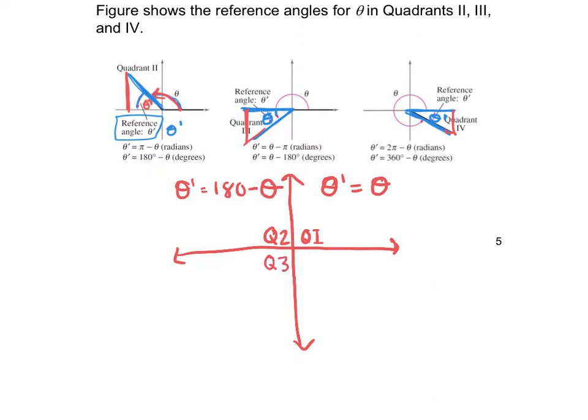In quadrant 3, we find our reference angle doing theta minus 180. And in quadrant 4, we find our reference angle doing 360 minus theta.